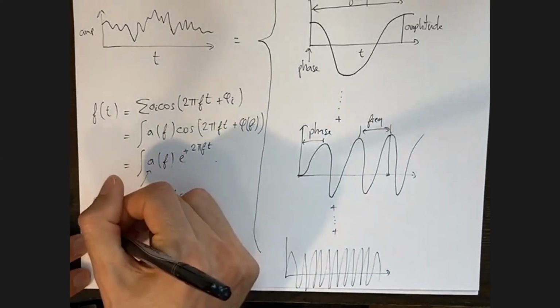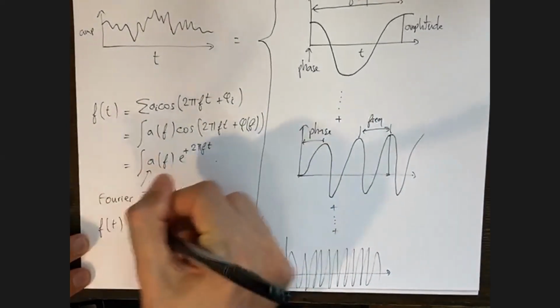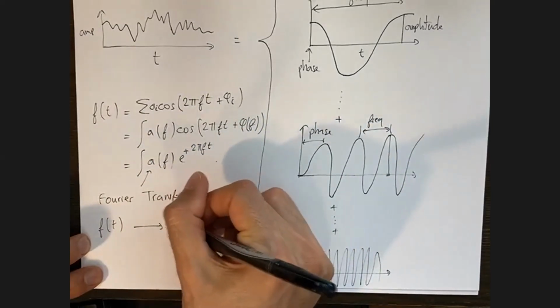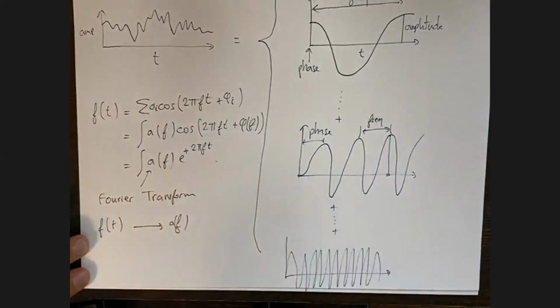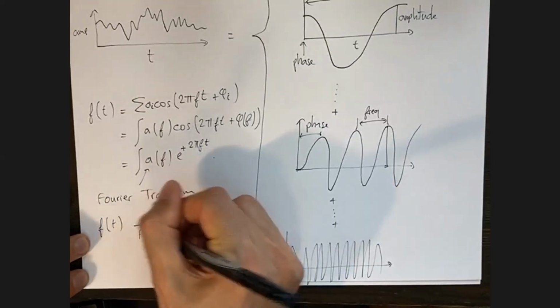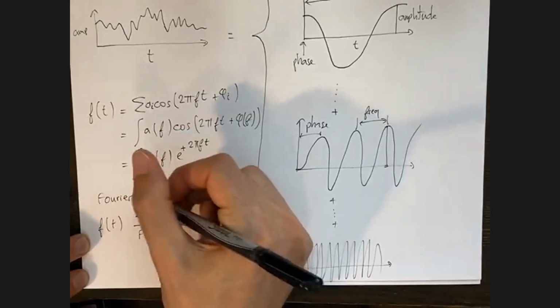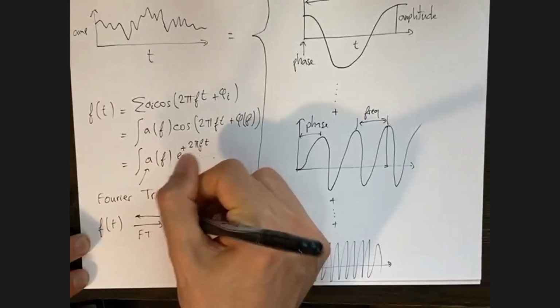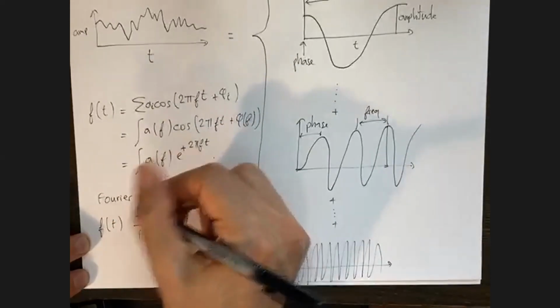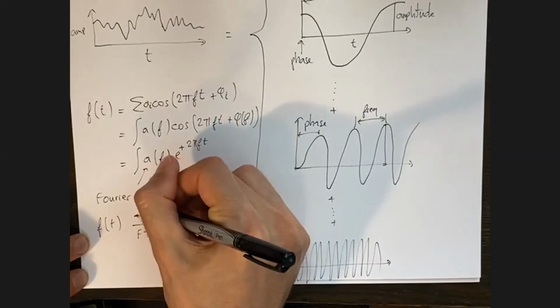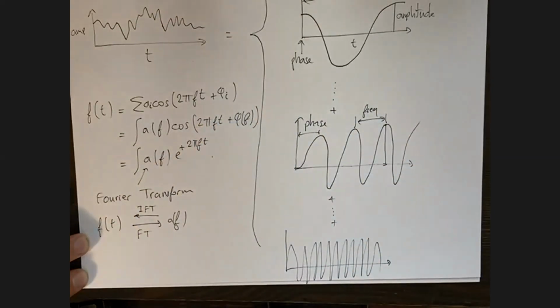So I can go from f of t and obtain a of f, which is the frequency information, using this Fourier transform. And then I can apply an inverse Fourier transform and go from the information in the Fourier domain back into the temporal or spatial domain. So this is the inverse Fourier transform.